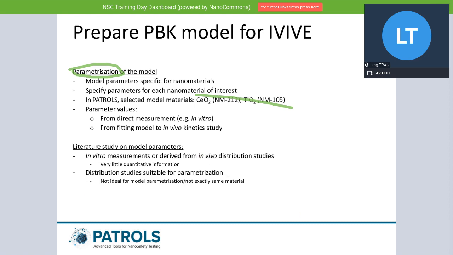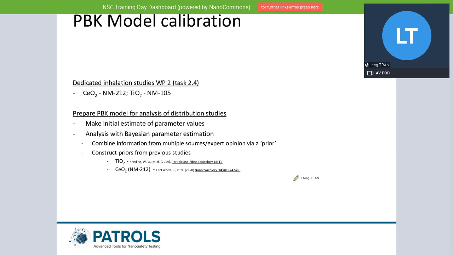Yeah. And the method for doing it, for the parameter distribution, is the Bayesian parameter estimation. And Bayesian means that you usually start with a prior knowledge of these parameters, and you are going to improve them as you fit the model to the data.